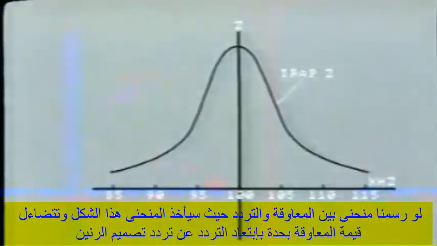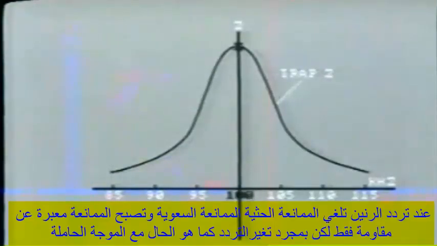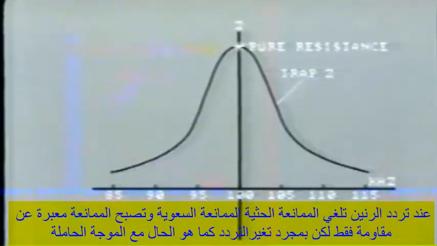If we plot the impedance against frequency, the curve looks like this. The value of impedance falls off sharply as frequency moves away from the designed resonant frequency. At the resonant frequency, the inductive and capacitive reactances cancel out, so that the characteristic is that of a resistance.